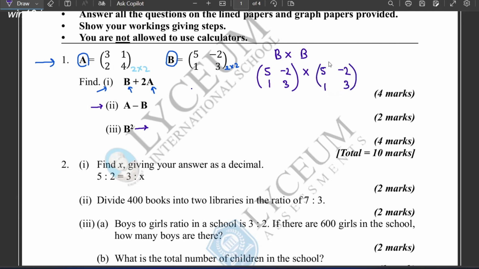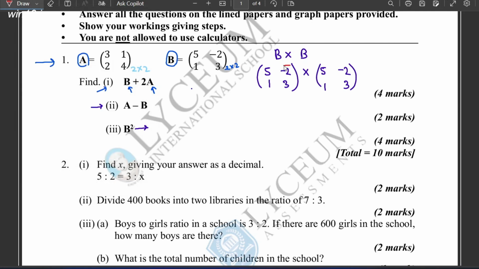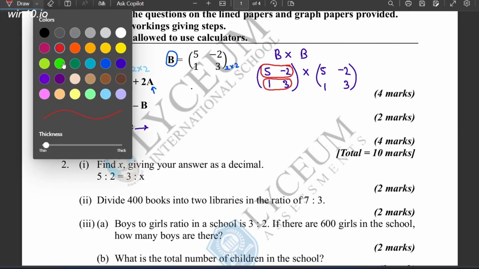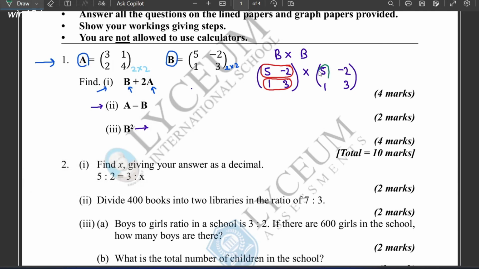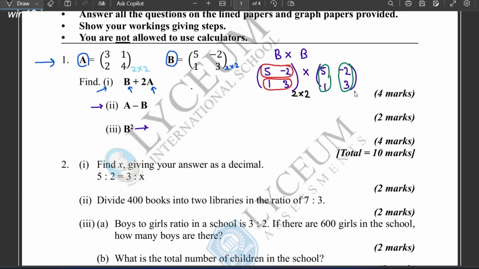Now always remember, when we multiply two matrices, we have to get rows from the first matrix and columns from the second matrix. This is a 2 by 2 matrix. This one is also a 2 by 2 matrix.